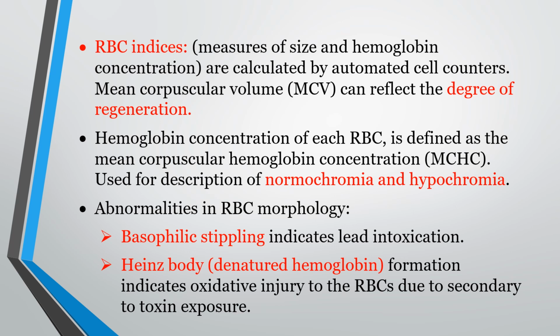The hemoglobin concentration of each RBC can also be derived in the form of a formula, called the mean corpuscular hemoglobin concentration, MCHC, and that is also useful for description of normochromia or hypochromia.